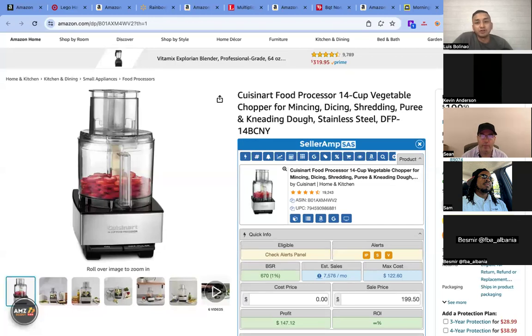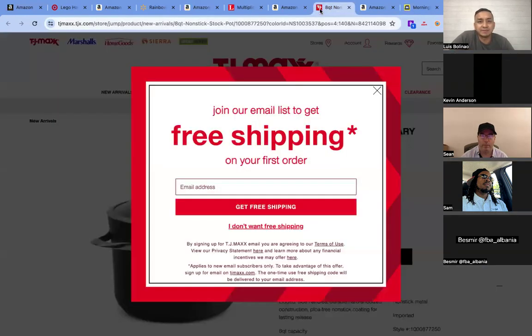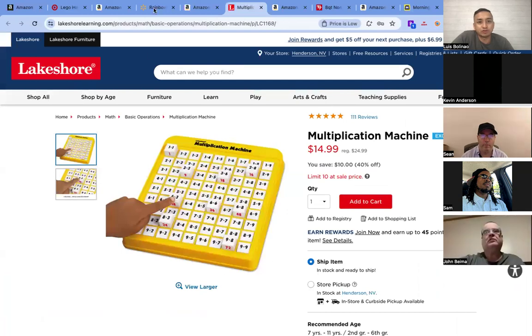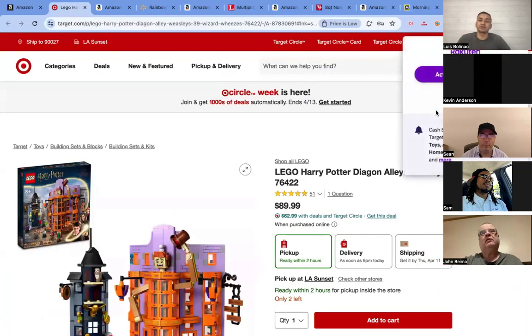So I do like my model because I order products from online retailers like Walmart, Target, Home Depot, Lowe's, and other smaller online retailers like morningsave.com, TJ Maxx, Lakeshore. I ship it to a third-party prep center.